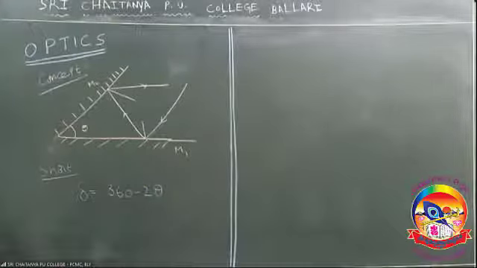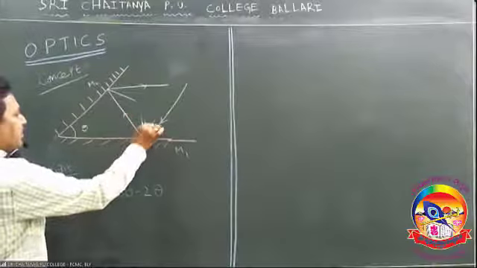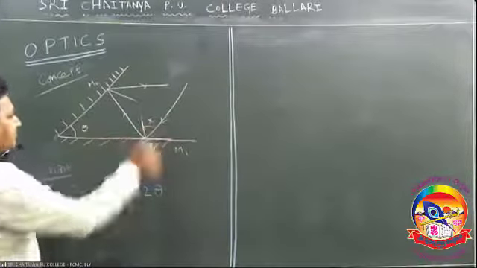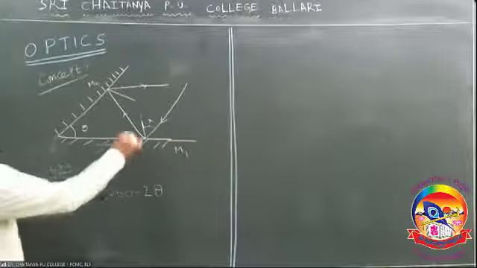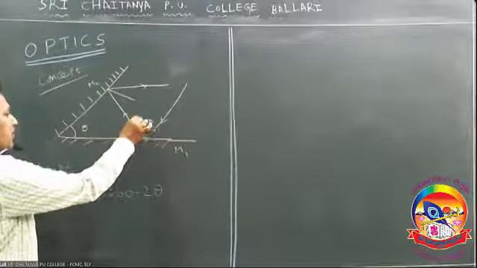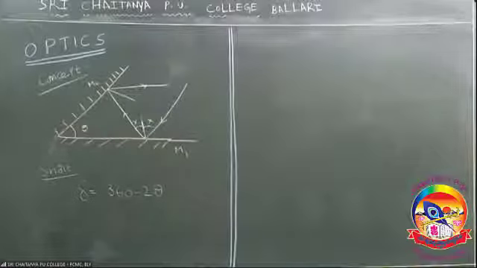Now I am proving. Let us imagine the angle of incidence is equal to x on the first mirror. Then the angle of reflection is also equal to what? x, because angle of incidence is equal to angle of reflection.